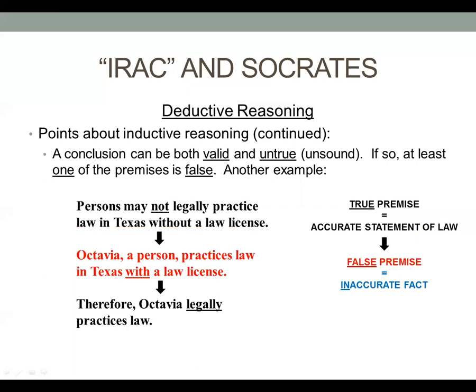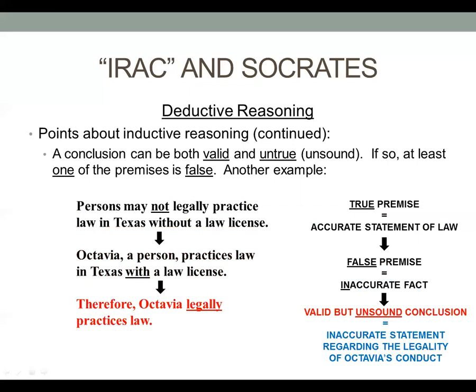Well, if you have either one of the first two premises being false, then your conclusion, though logically valid, will be unsound, because here it's an inaccurate statement regarding the legality of Octavia's actual conduct.